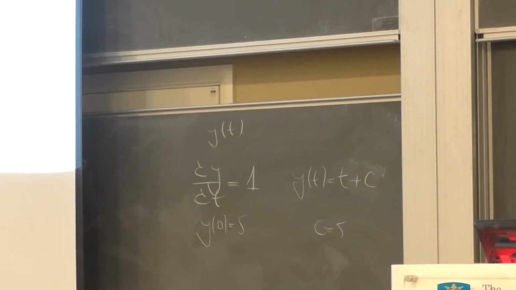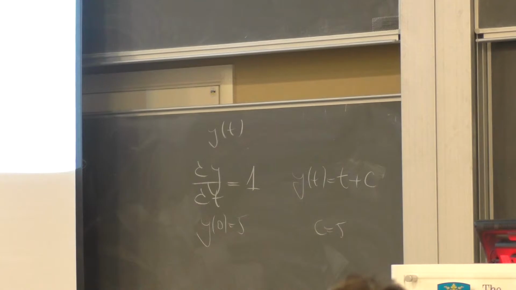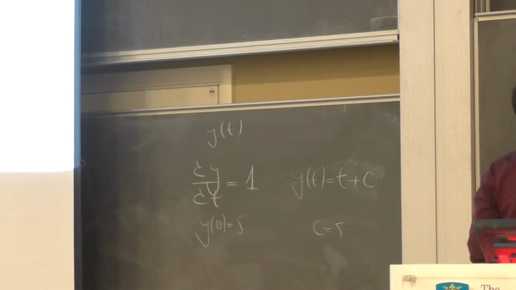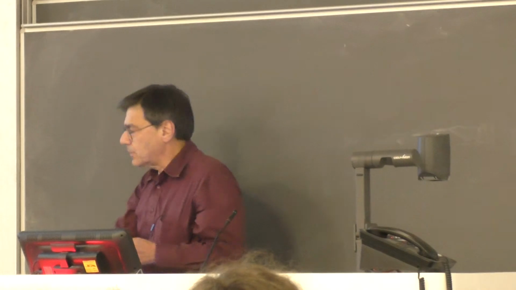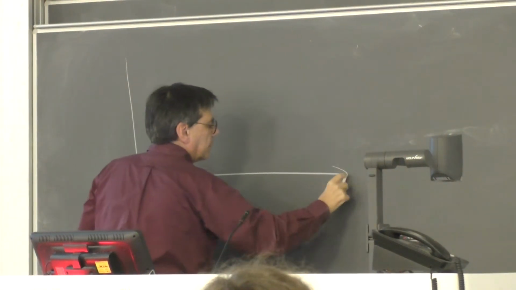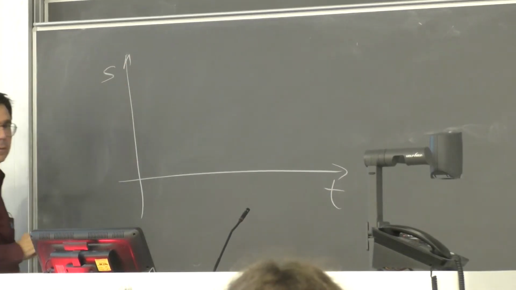So what am I going to do now? Now we have a differential equation, which is a partial differential equation. The solutions of this partial differential equation are going to be functions of two variables. So there is going to be the t variable and the s variable.